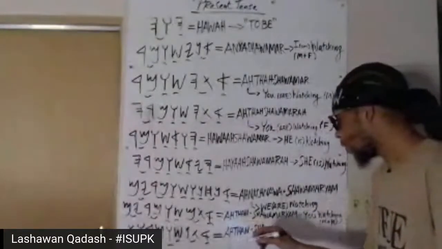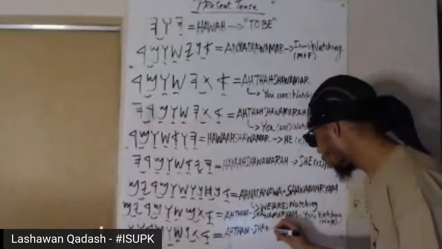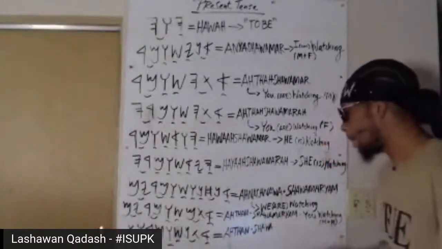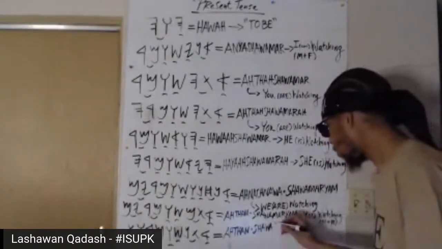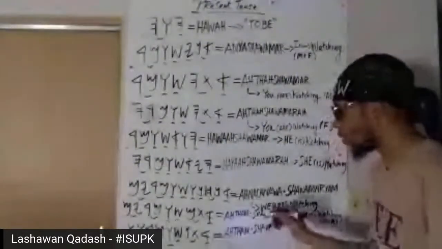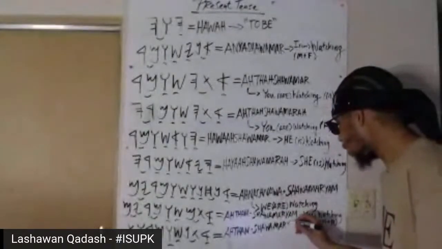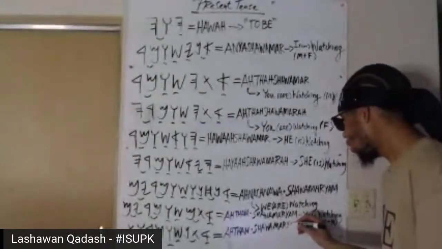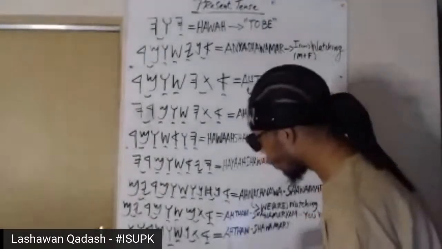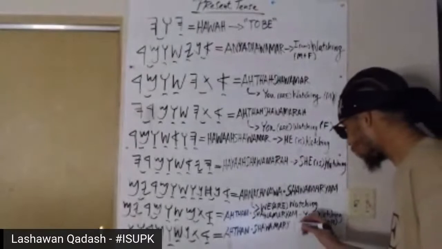SHA. Then we have the wa. Right? Now we have the mar, or sorry, the ma and the ra, which is mar, and then you have the yum, which is the ya and the ma.